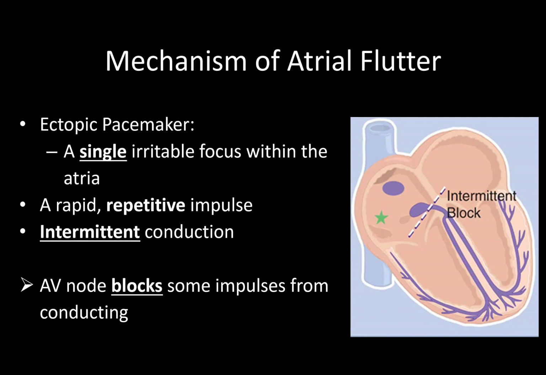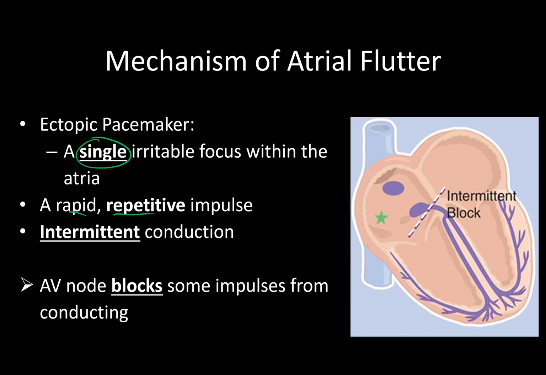All right, so let's talk about a flutter, atrial flutter. This arrhythmia arises from a single irritable focus within the heart, atria specifically, that fires off rapidly and repeatedly. And it's firing so fast that not every single impulse is actually able to make its way through the AV node.